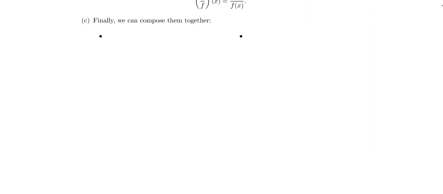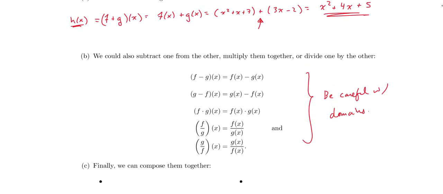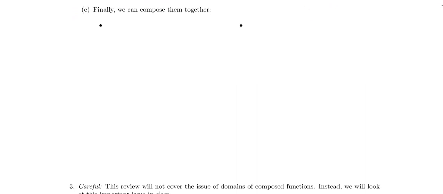The final thing we can do with functions, so we've just talked about how we could add two functions together, we could subtract one from the other, we could multiply two functions together, we could divide one by the other. The final thing we can do with two functions is we can compose them together. So I could either find f composed with g of x.